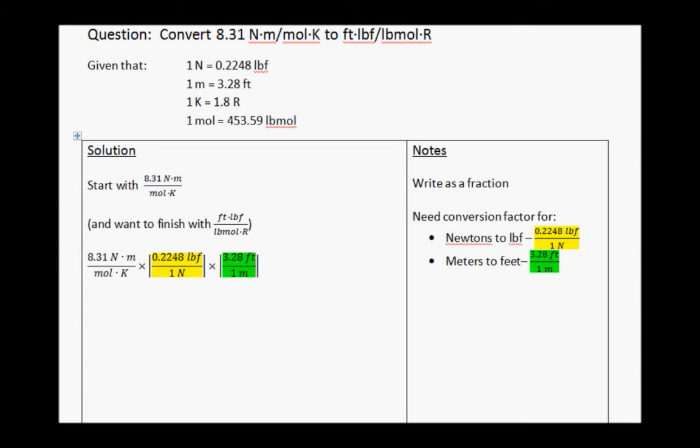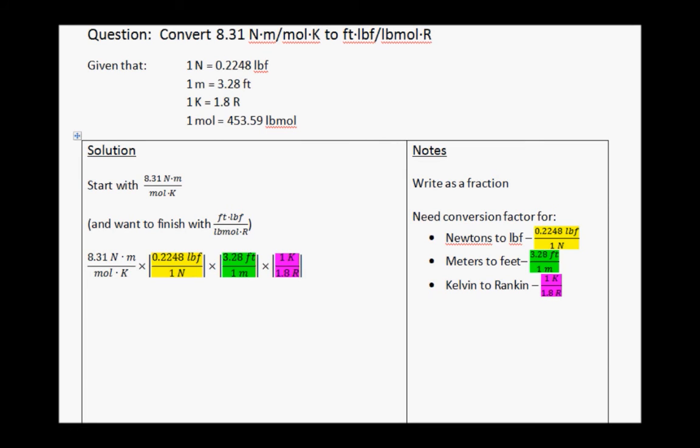Now we do the same thing with kelvins to rankines using the information 1 Kelvin equals 1.8 rankines. However, this time I need kelvins to be on the top to cancel with the kelvins that were on the bottom here in the original. Again, I just put that next to my other multiplications.